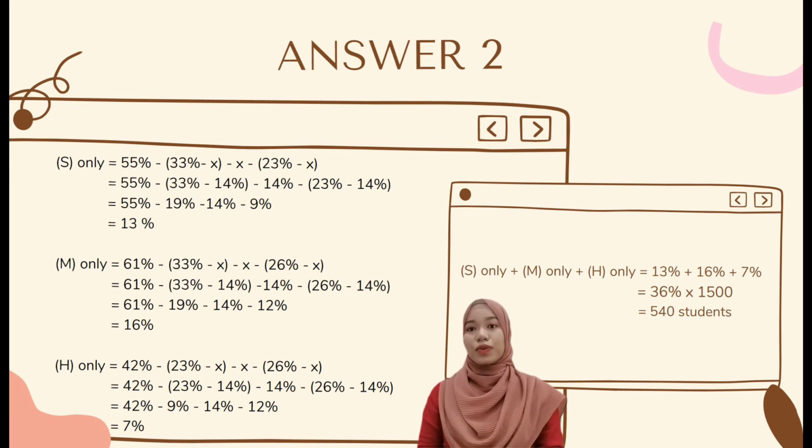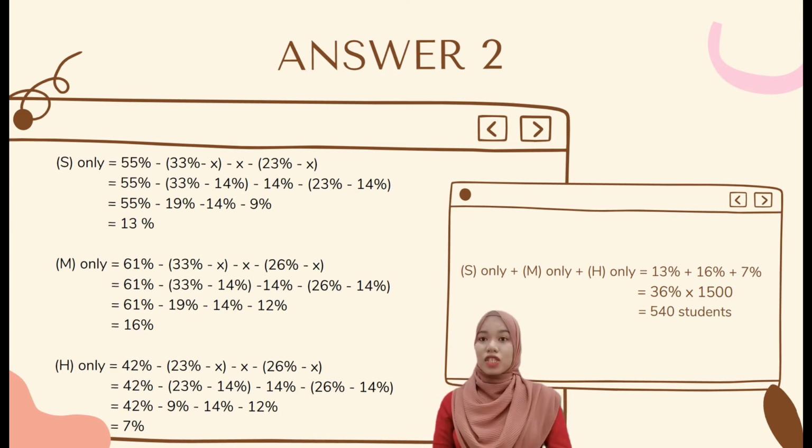Since the total of students who did not like these 3 subjects is 40%, to find science only, I conclude 50% minus total of science intersect mathematics, which is 30%, minus 40%, minus total of science intersect history, which is 23%, minus 40%, and I get 30% for science only.